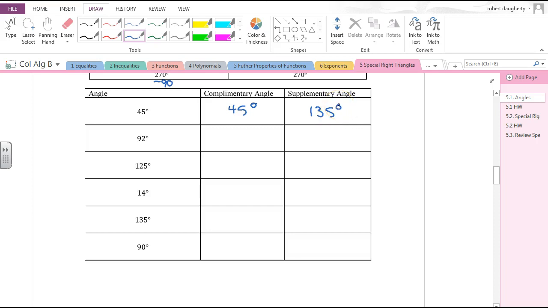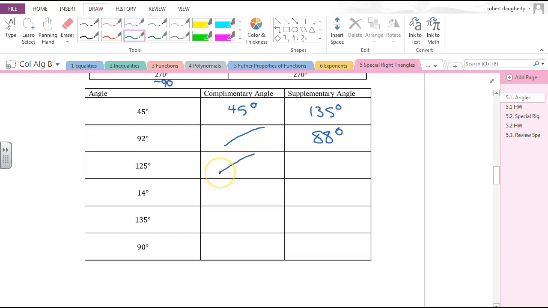92. Okay, is there a positive angle I can add and get 90? No. So there is no complementary angle to that. Is there a positive angle I can add to get to 180? What is that? 88? So 88 degrees, that's the supplementary angle. Is there a positive angle I can add here to get 90?